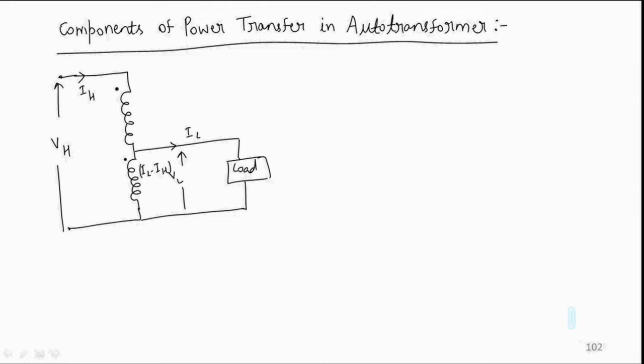In an auto transformer you will get two different types of power. One is because of conduction, and the second one is because of induction, or transformer action.